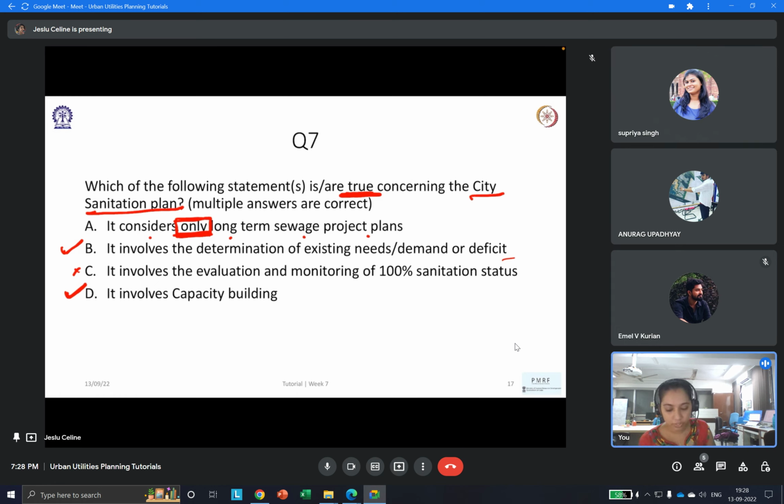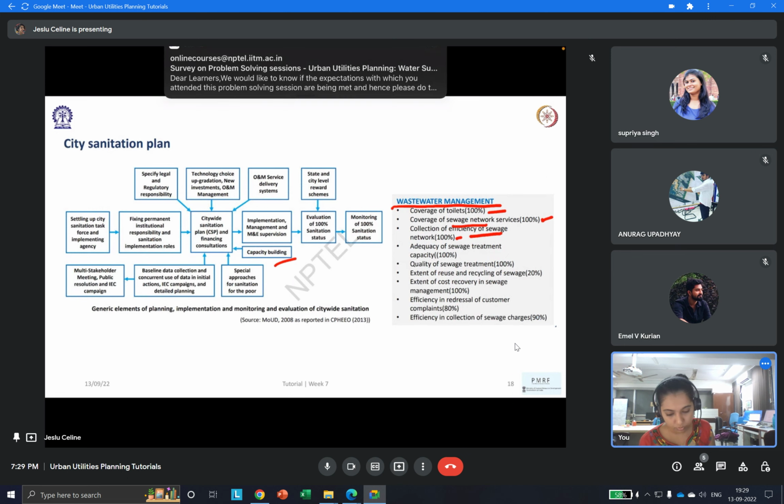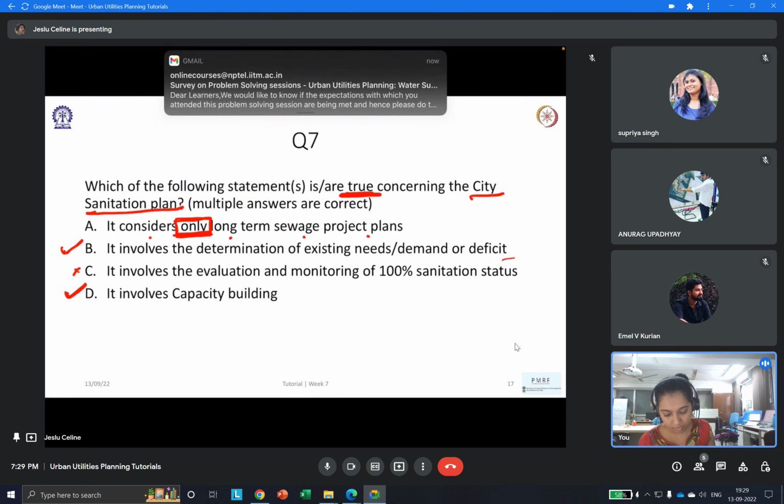Fine. Let us look at the city sanitation plan from the Ministry's report. So B is right, and all that it involves capacity building is right. But in wastewater management, it is also given that we want coverage of toilets 100%, coverage of sewage network 100%, efficiency of sewage 100%. I think the question was mainly asking about evaluation and monitoring of sanitation status.